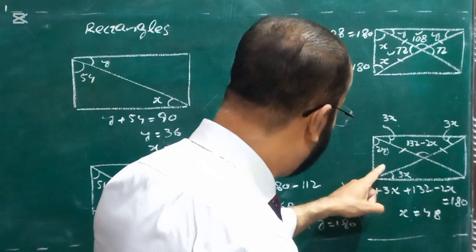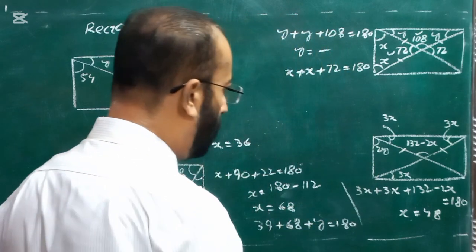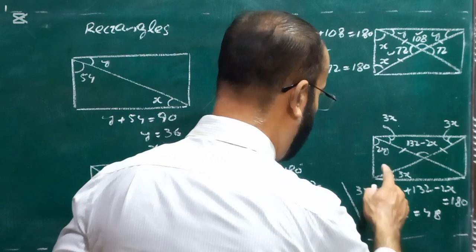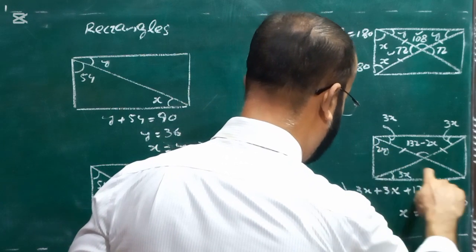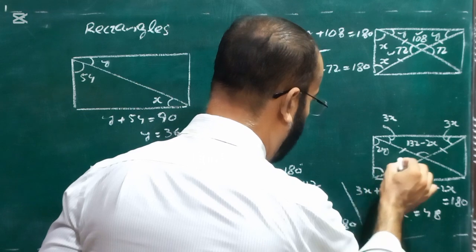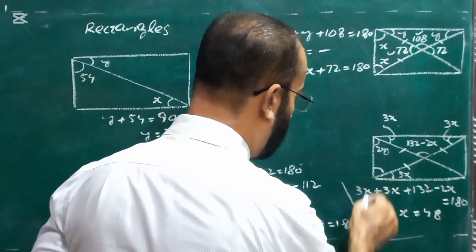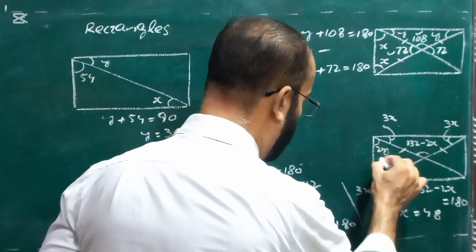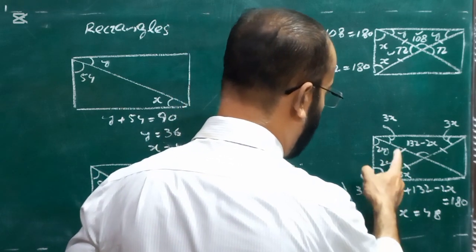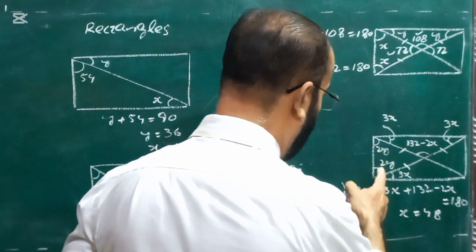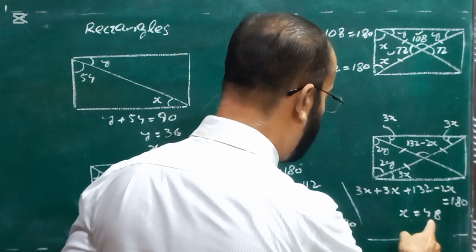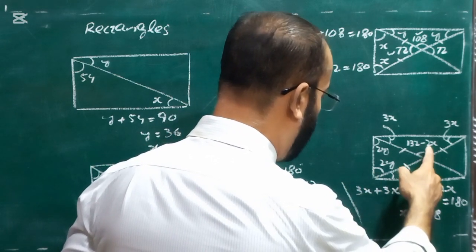Now if you come into this figure, okay, so again, this is an isosceles triangle. So this angle will also be 2y, because in an isosceles triangle, two sides are equal and their base angles are equal. So x is 48. 48 2s are 96.